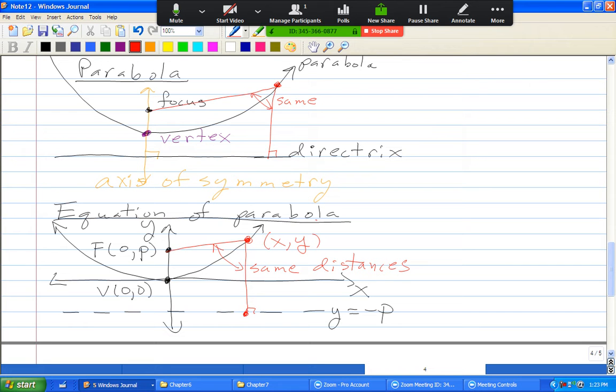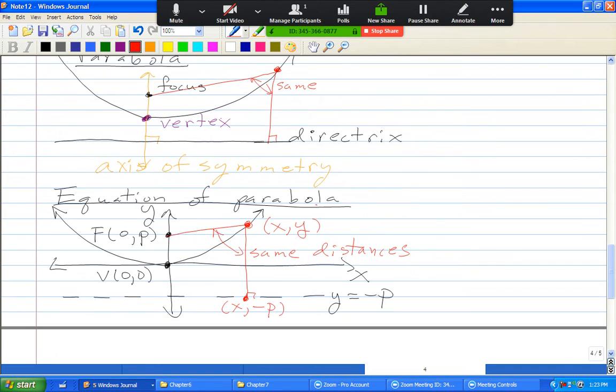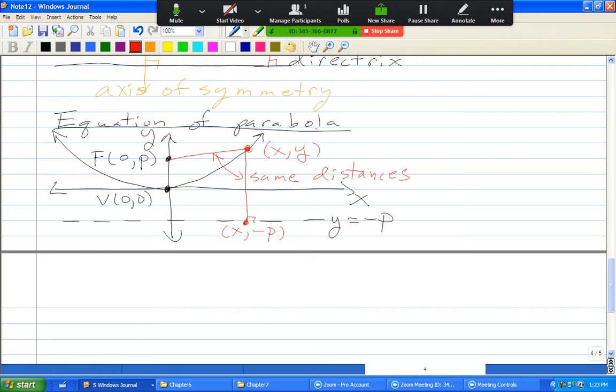This point here on the parabola, I can figure that out because it has the same x-coordinate, and the y-coordinate is negative p because that's negative p there. So I'll use the distance formula.